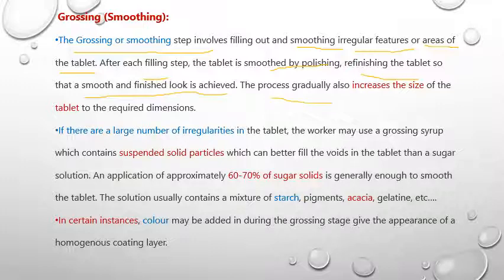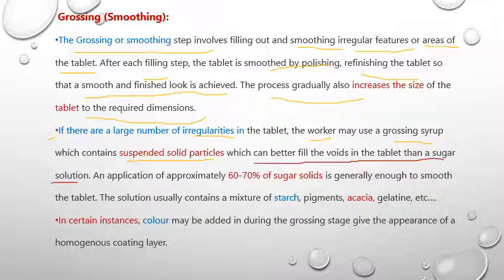The process gradually also increases the size of a tablet to the required dimensions. If there are a large number of irregularities in a tablet, the worker may use a glossing syrup which contains suspended solid particles, which can better fill the voids in the tablet than a sugar solution.